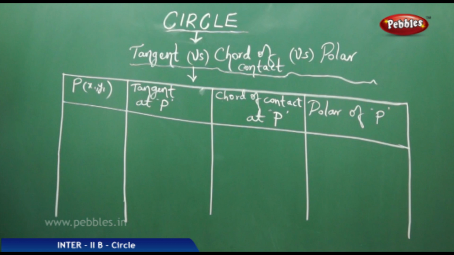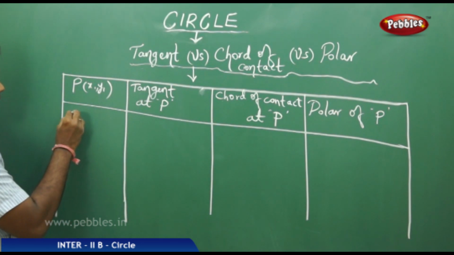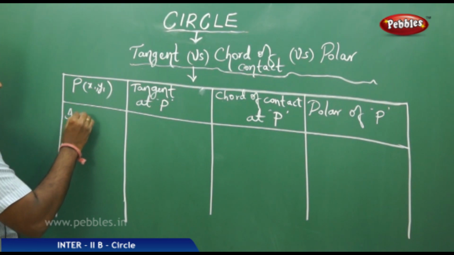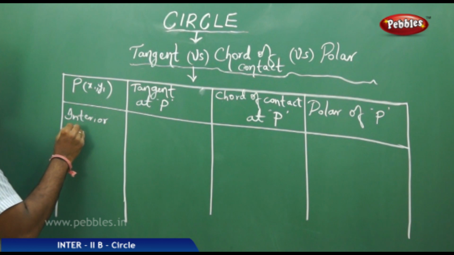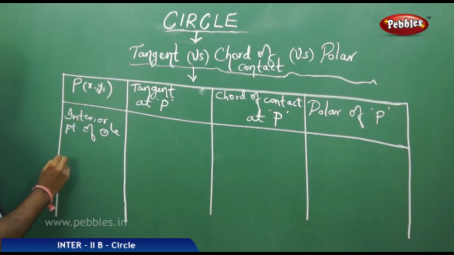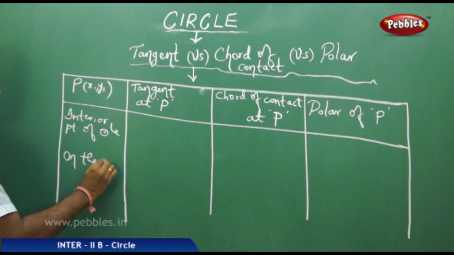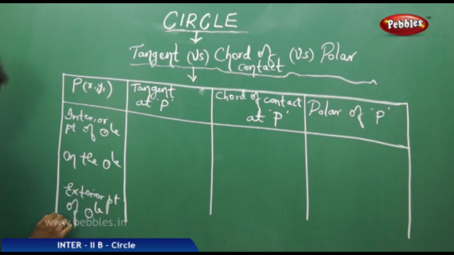These are the three cases which I take for the point P, where the first case is P being an interior point of the circle, next is on the circle, and next is an exterior point of the circle.